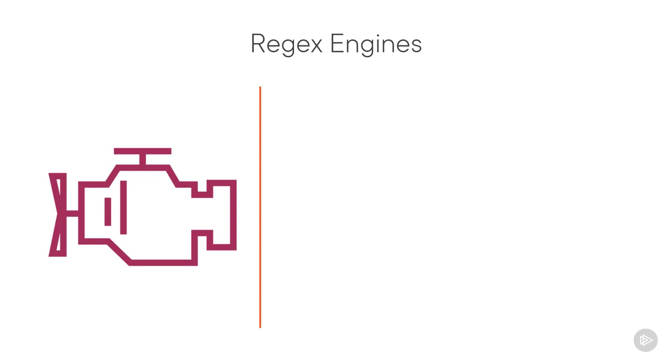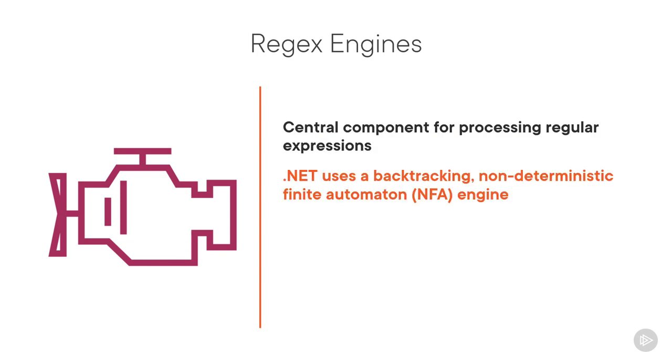Languages may use different regex engines, the central component responsible for processing them, and some features may vary. .NET uses a backtracking regular expression engine that incorporates a traditional non-deterministic finite automaton (NFA) engine, such as that used by Perl, Python, and Emacs.